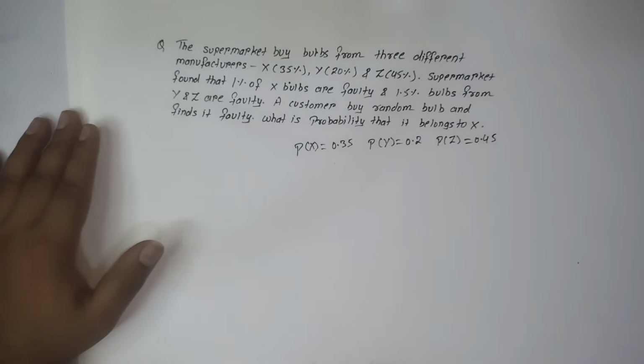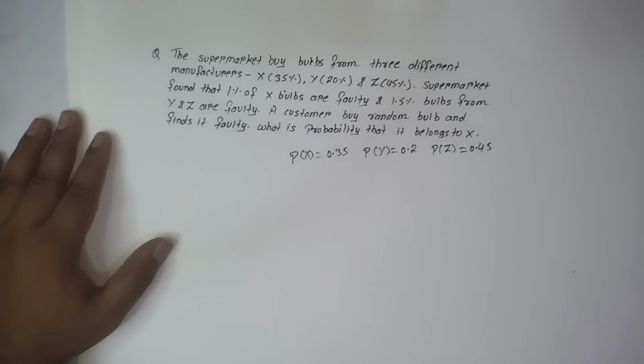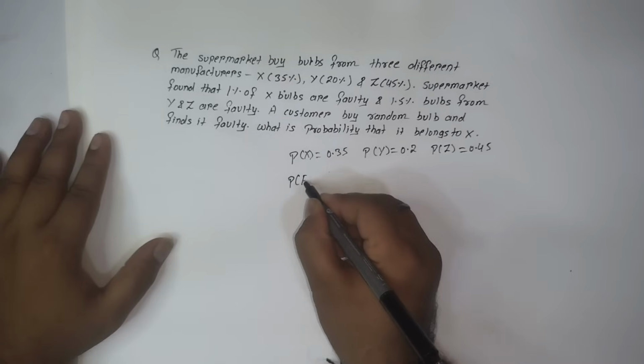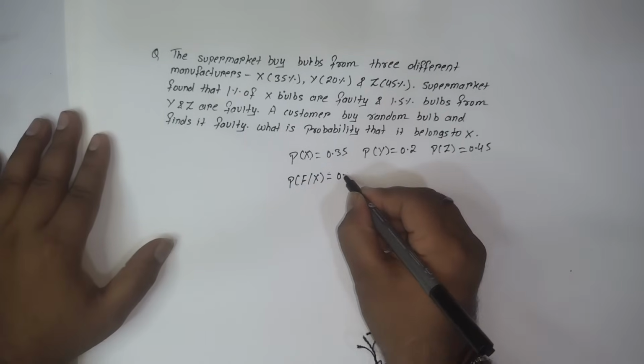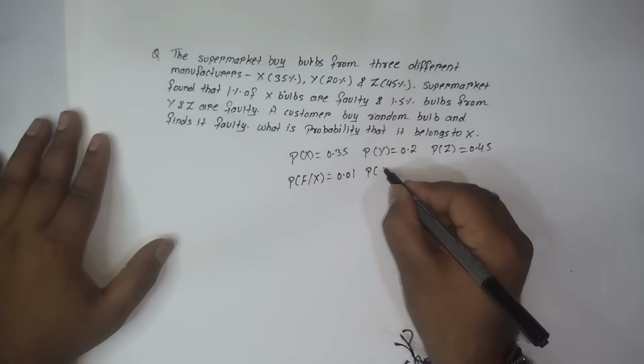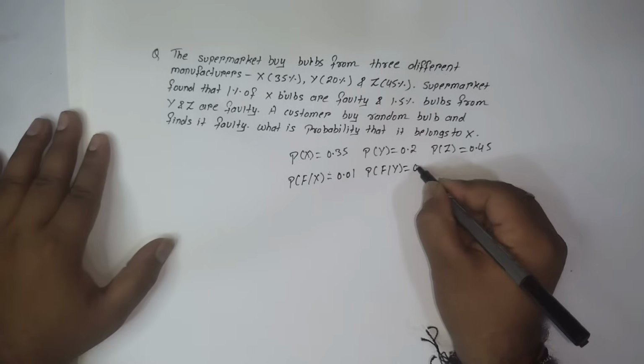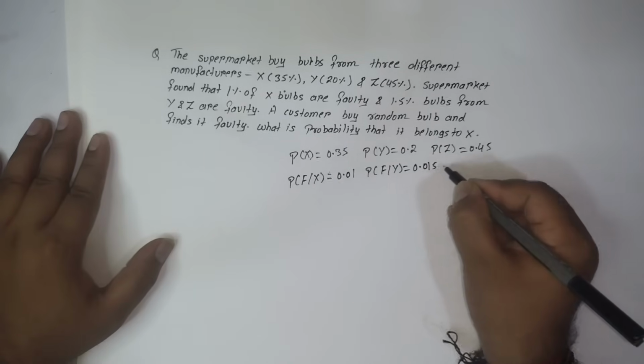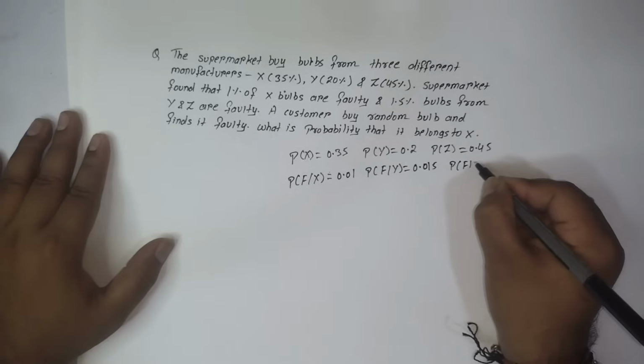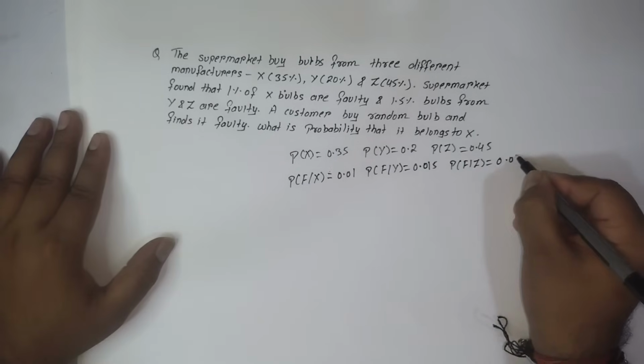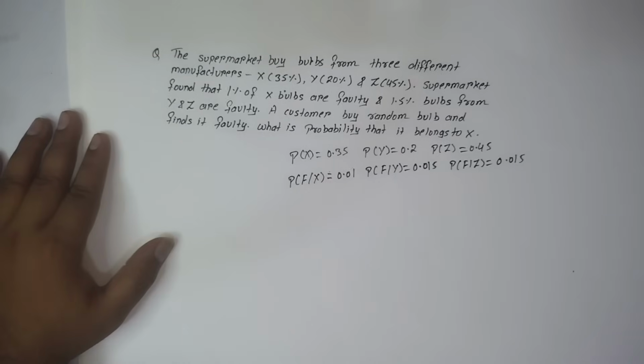Now they said the supermarket found that 1% of X bulbs are faulty and 1.5% of bulbs from Y and Z are faulty. So the probability of fault given X is 0.01, the probability of fault given Y is 0.015 and the probability of fault given Z is 0.015. Now a customer buys a random bulb and finds it faulty. What is the probability that it belongs to X?